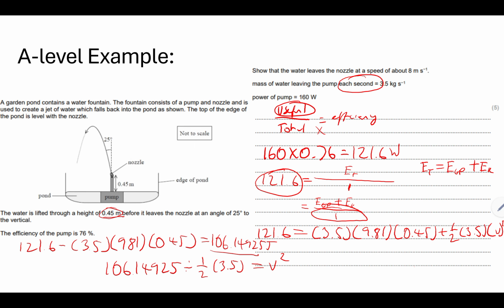And so when we do that, we'll get 60.6567 equals V squared, and we square root everything to get V by itself, and when you do that, we'll get 7.8 meters per second, and therefore it is about 8 meters per second, and that's the answer.